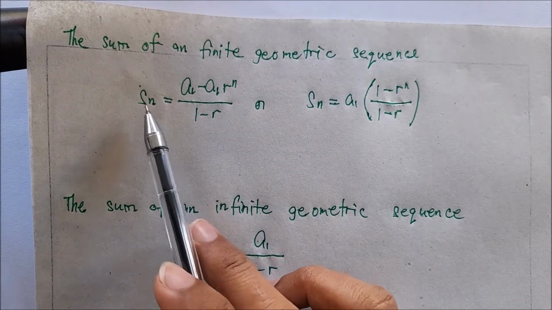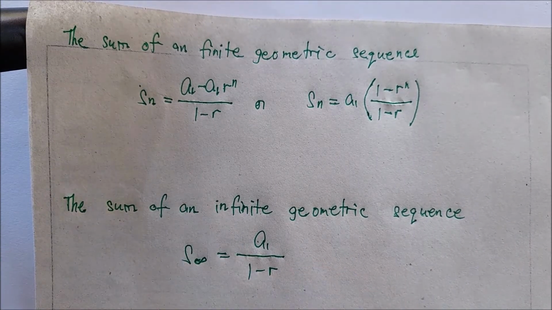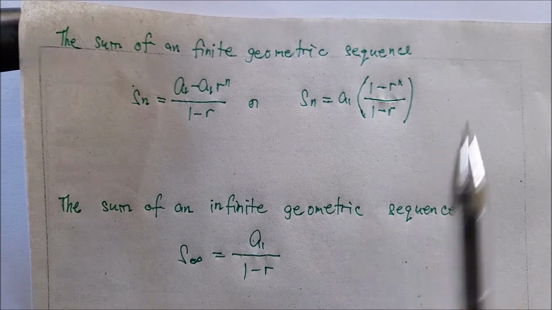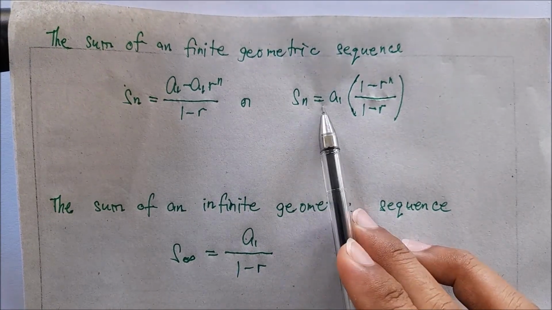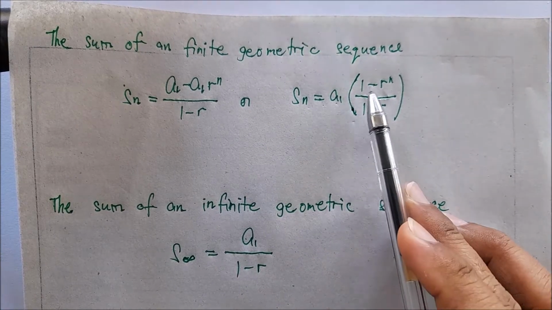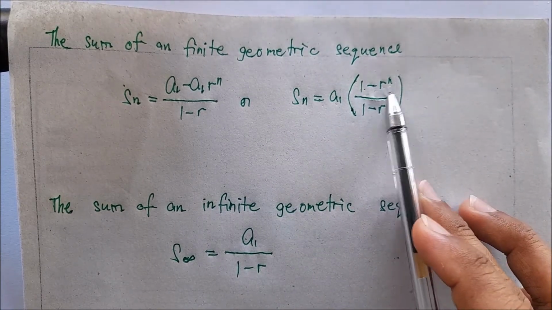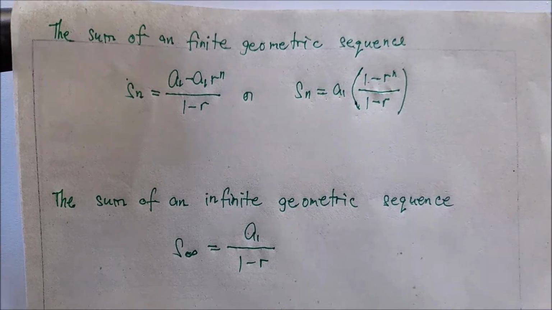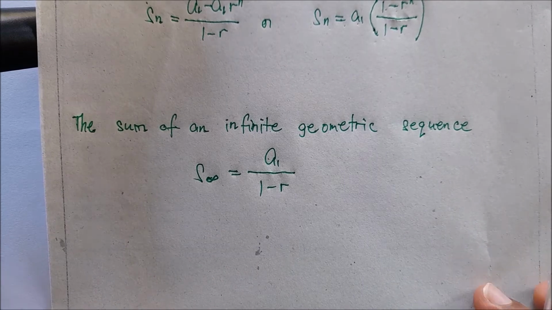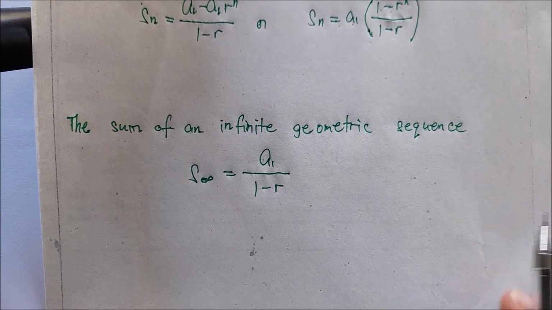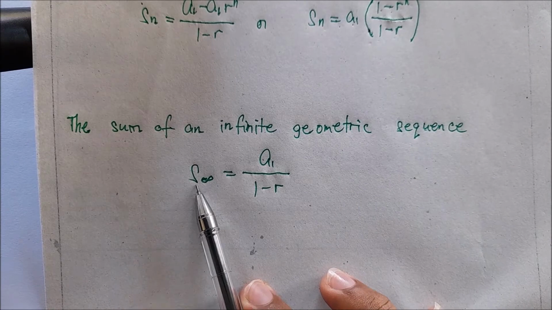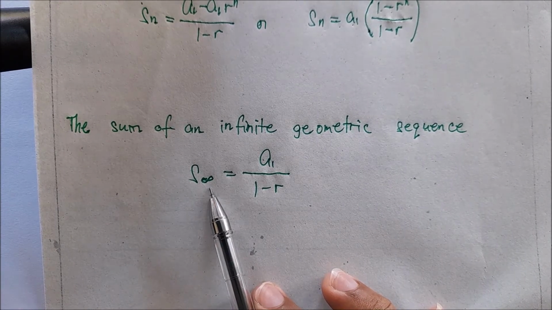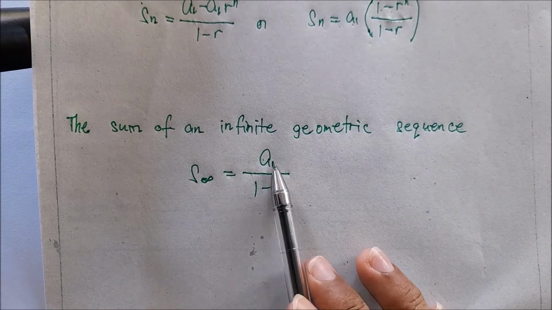The formula is S sub n equals a sub 1 minus a sub 1 r to the power of n over 1 minus r, or S sub n equals a sub 1 times open parenthesis 1 minus r to the power of n close parenthesis over 1 minus r.